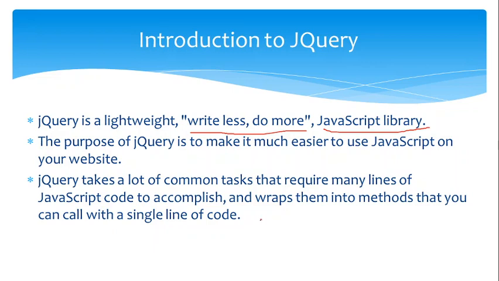So what does jQuery have? jQuery has some methods, some JavaScript code that will be wrapped into a method. Whenever you use that, you can get the code in just a single line.